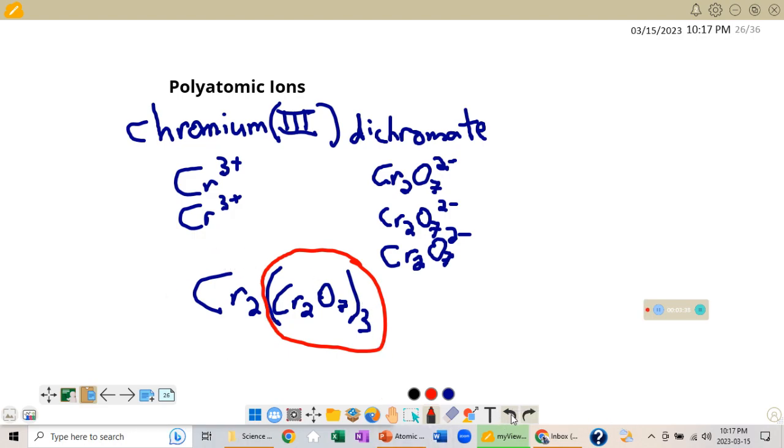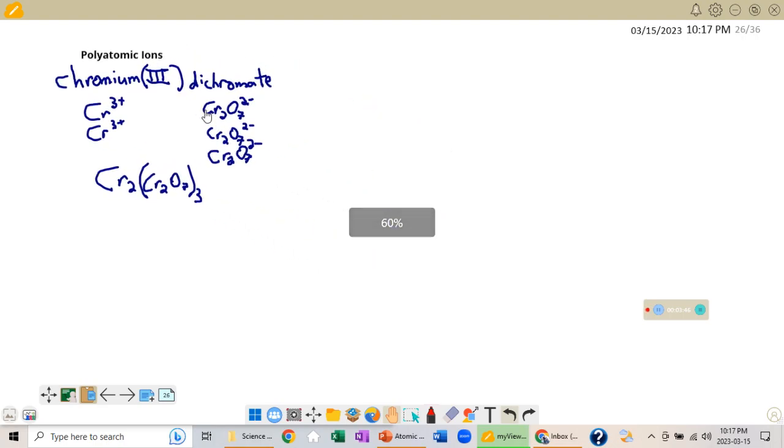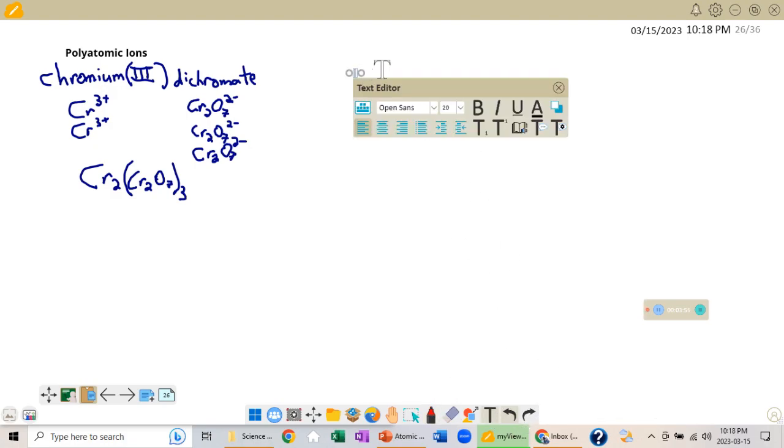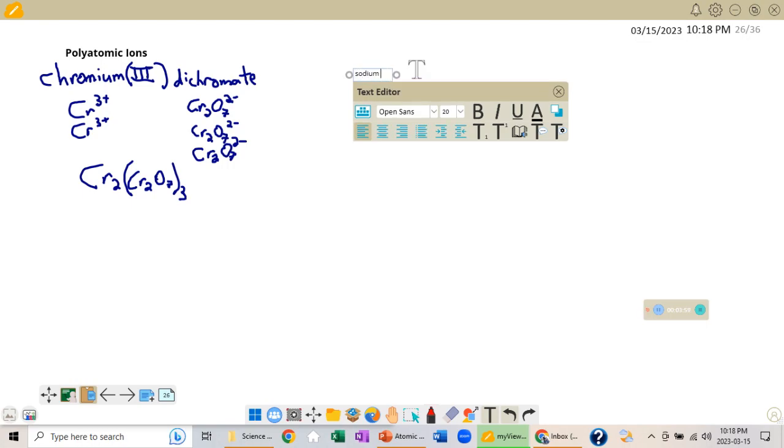All right, so like I say, that's as hard as this is going to get in terms of just looking weird and confusing. Let's take a look at another one that's a little bit nicer. What if I have, and I'll just type this one in because that's quicker, sodium acetate.